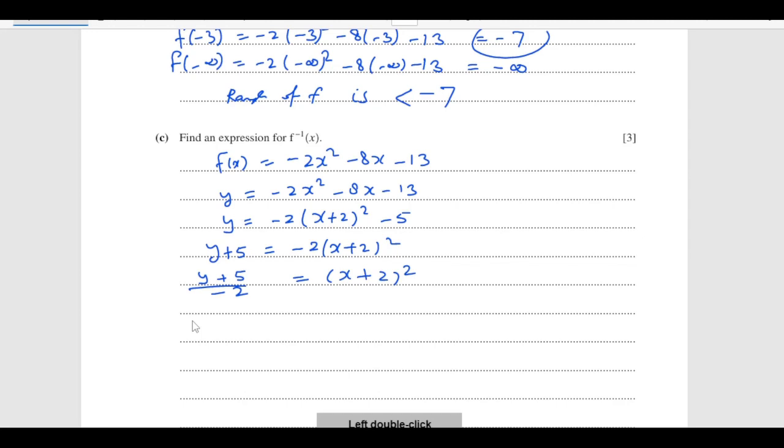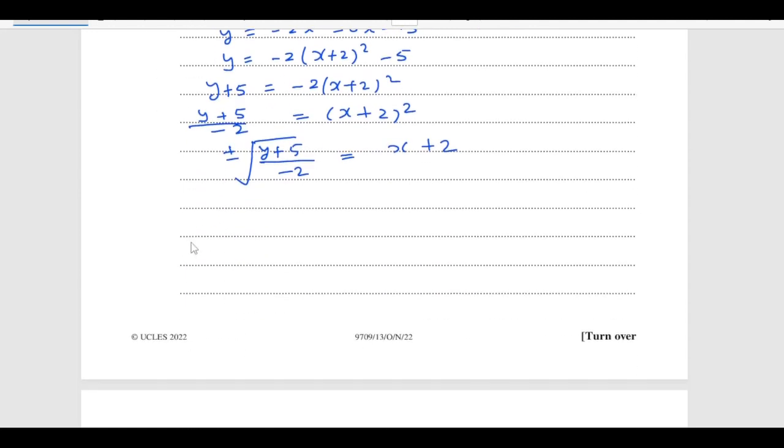Taking the square root of both sides will give us plus or minus the square root of (y plus 5) over -2 equals x plus 2. Rearranging, x plus 2 is equal to plus or minus the square root of (y plus 5) over -2.